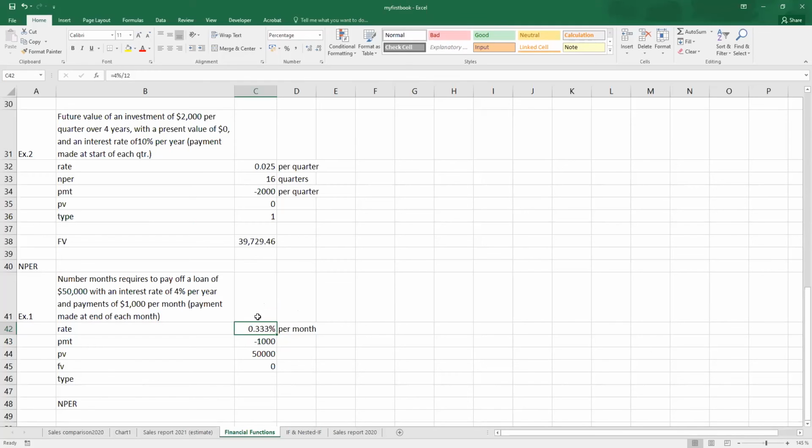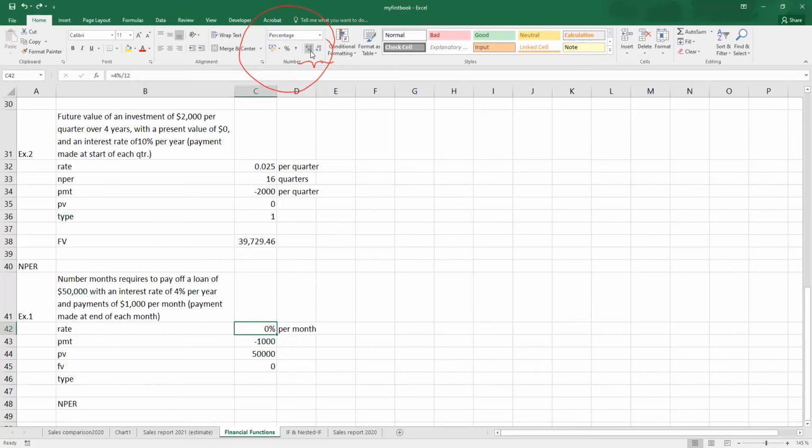Apart from that, if you would like to have the quick format of the interest rate, what should we do? We click on the cell first, and then you can see in the Home tab, in the Number group, this one is to increase or to decrease the number of decimal points.